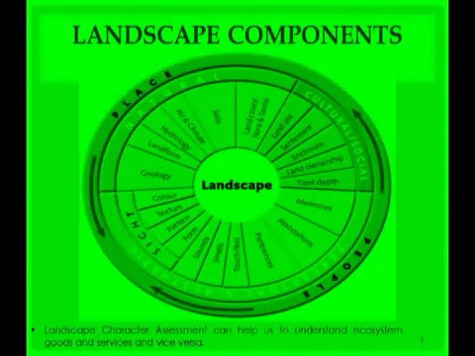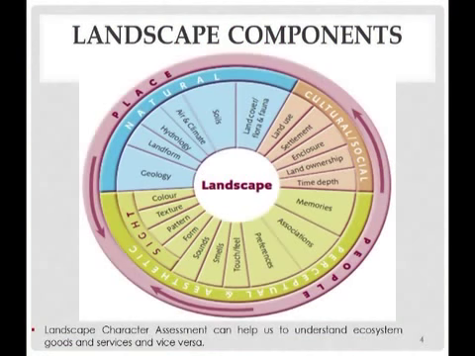These are the components and individual elements of a landscape. Under people or humans, these are the things that they influenced or brought to. For cultural and social, we have land use, settlement, enclosure, land ownership, and time depth.